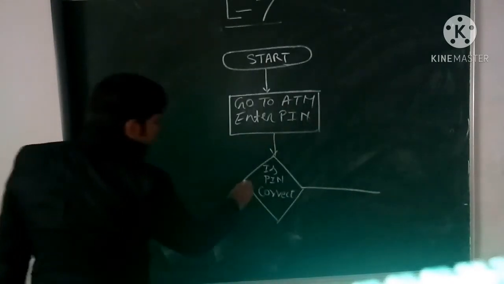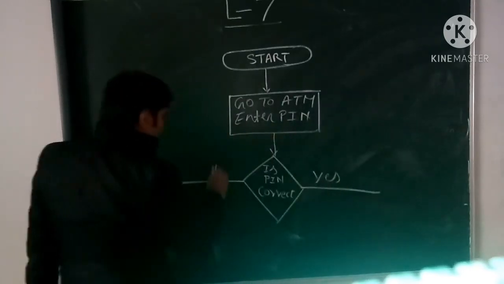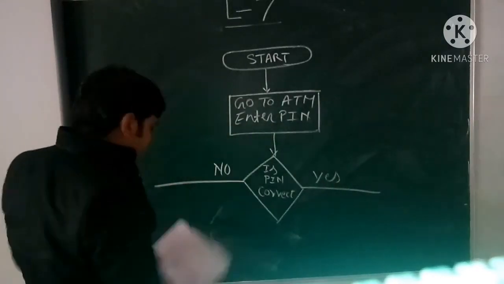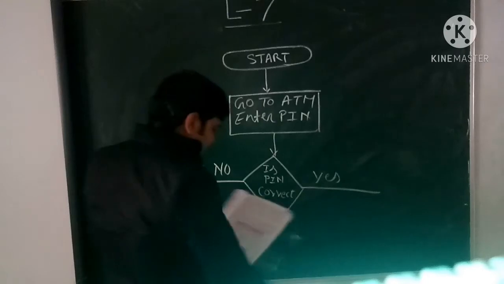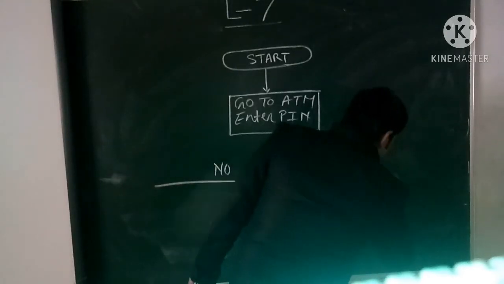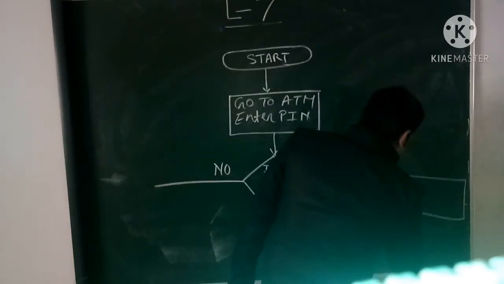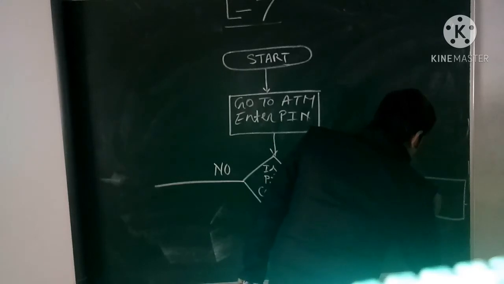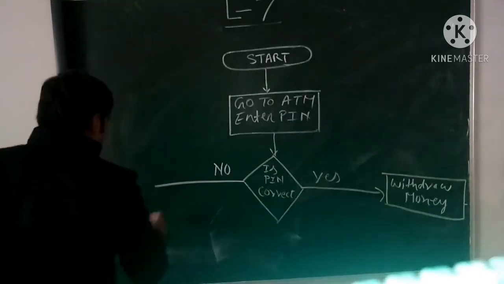So its answer will be either yes or no. Means if your pin is correct, if the condition result is true, then withdraw the money. The output will be withdraw money. You can withdraw the money.